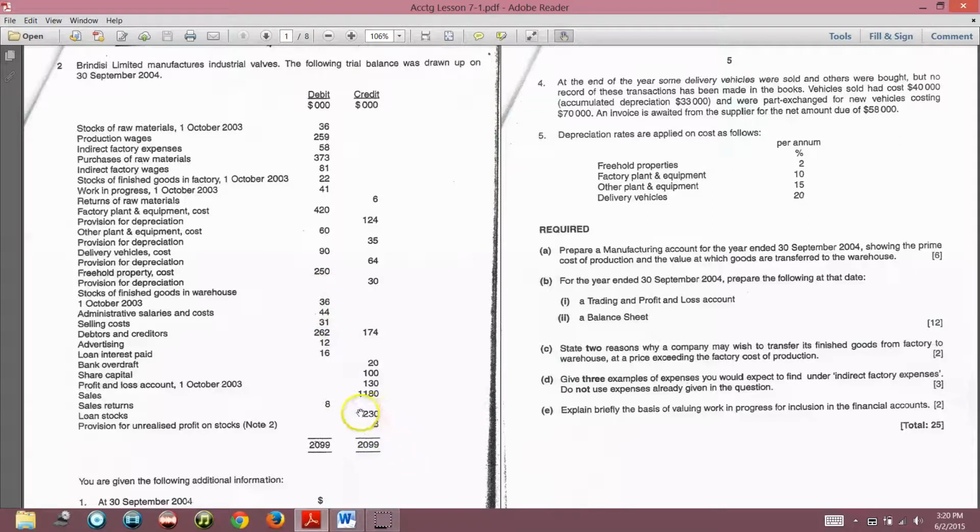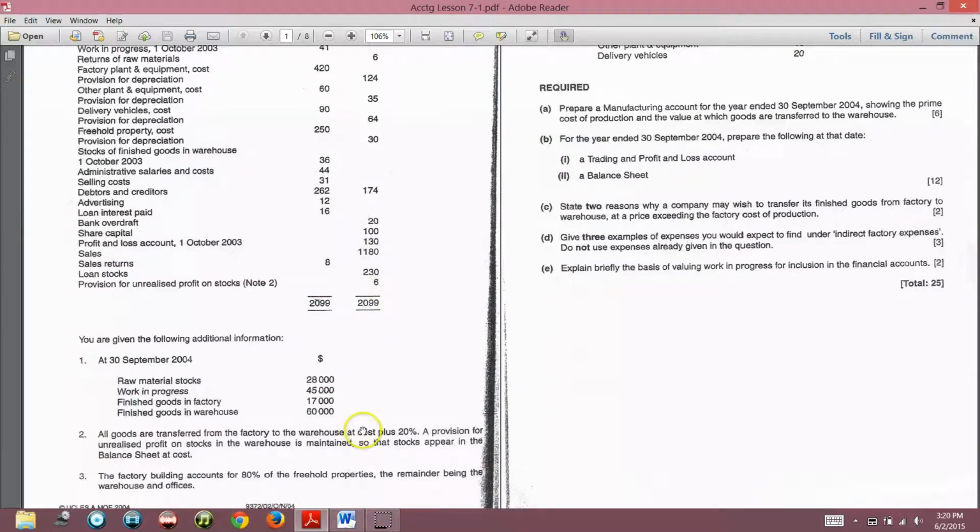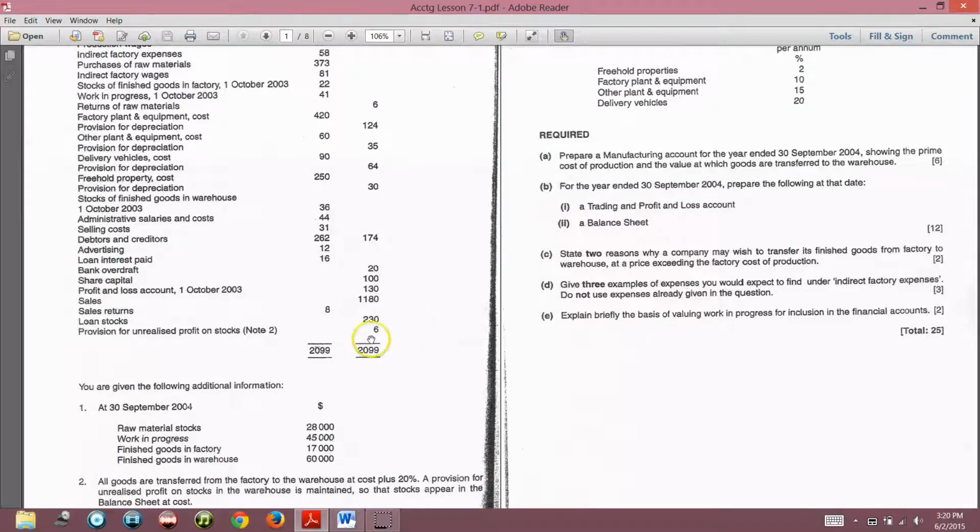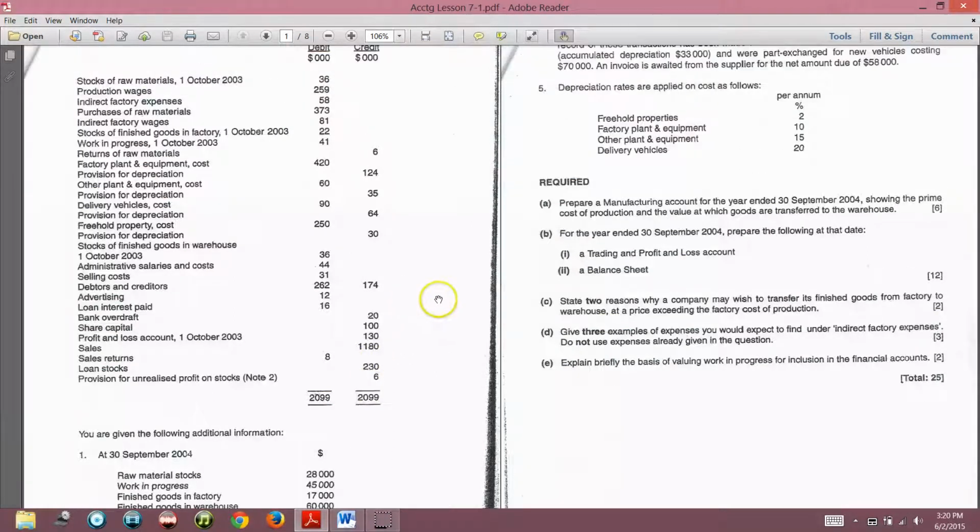That's why a provision for unrealized profit on stock, this 6,000, is maintained so that stock appears in the balance sheet at cost. So the balance sheet figures are balance figures that will be carried forward to next year.